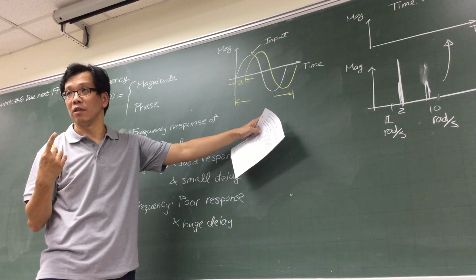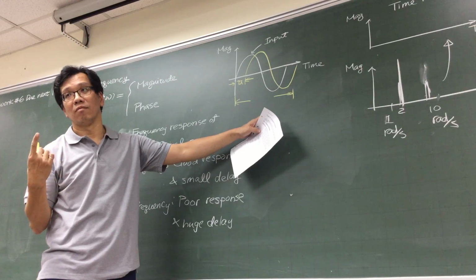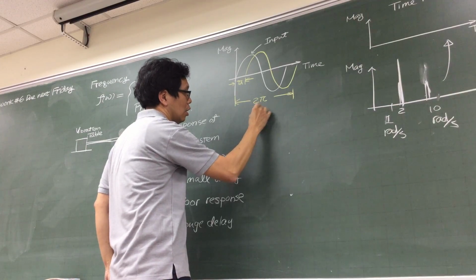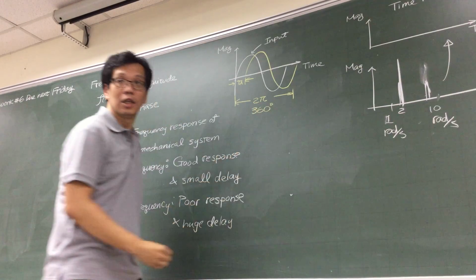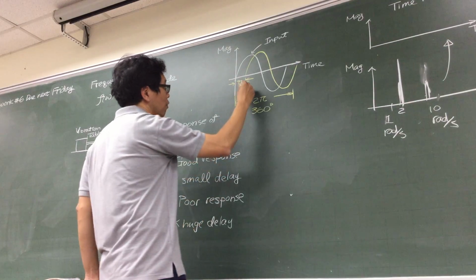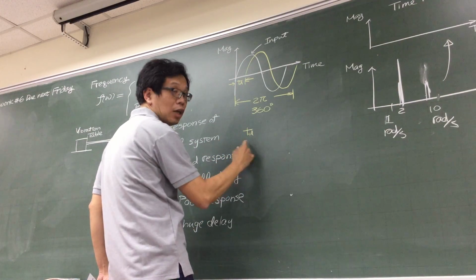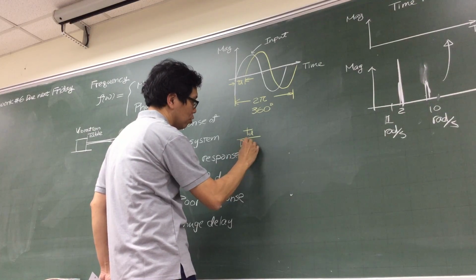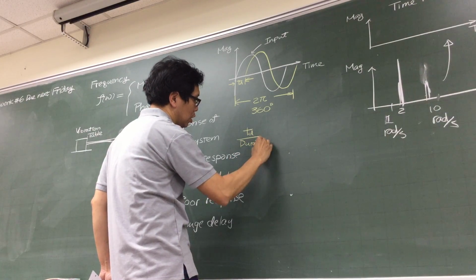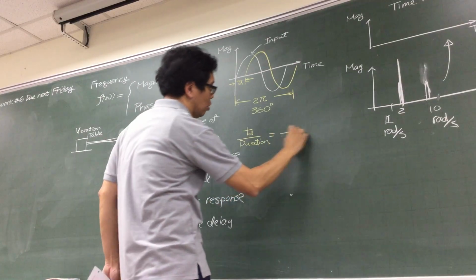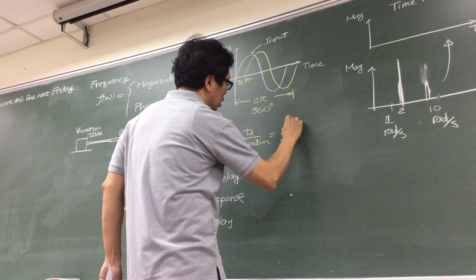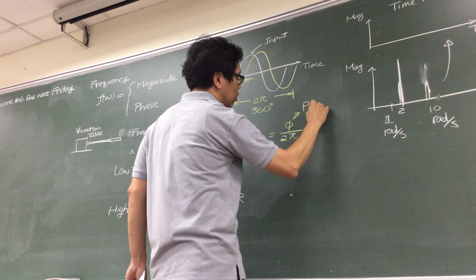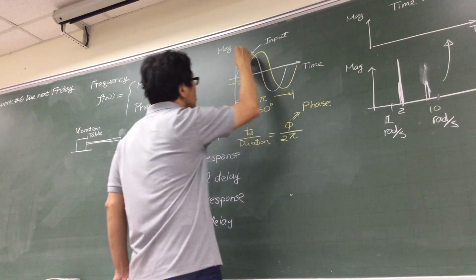How do we define that? Pi or what? Right? So if I know my TD, how much the signal is being delayed, divided by total duration, that is going to be 2 pi over p. This one is called phase.